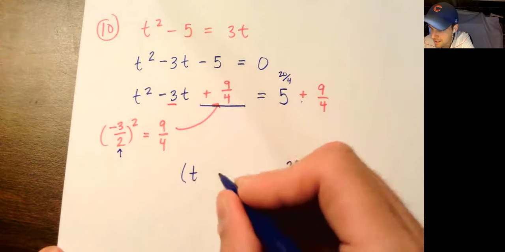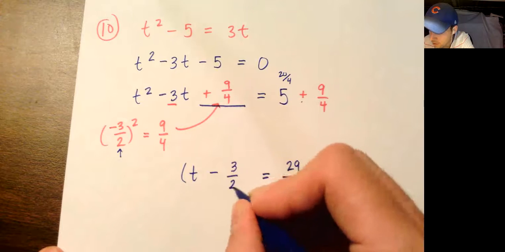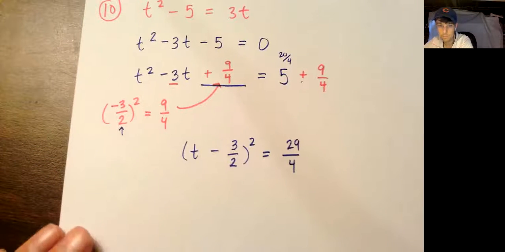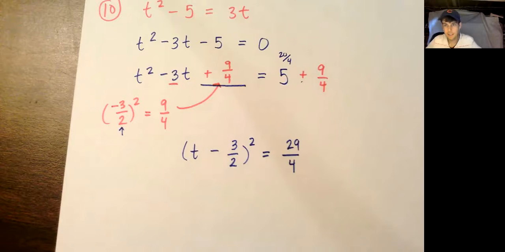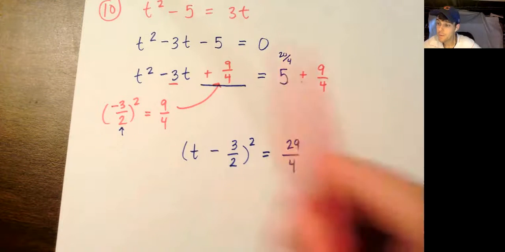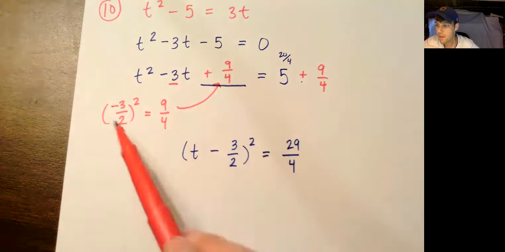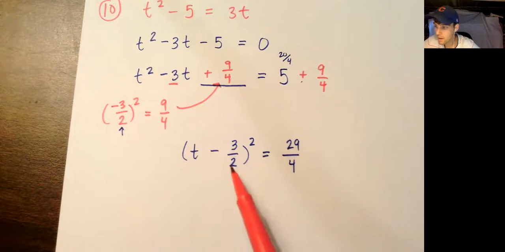So it's going to be t minus 3 over 2 squared. That's the clever thing that we did here. We turned this into a perfect square trinomial, even though it had kind of this messy fraction in it, where the constant part here in this binomial was half that middle term.